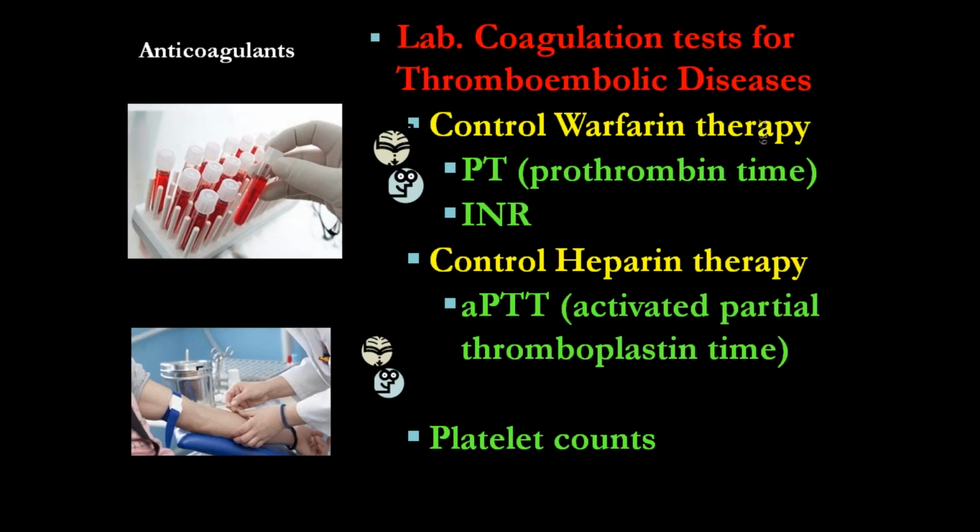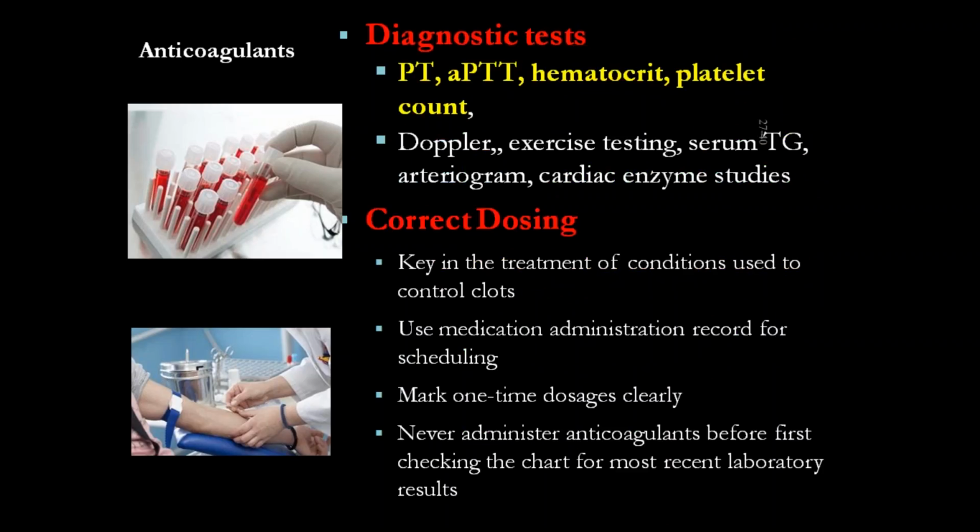And heparin is given in the hospital, in clinical facilities. It is injectable, subcutaneous, and never intramuscular, and can be IV. It is controlled by the APTT, the activated partial thromboplastin time. Okay, so that is a start.